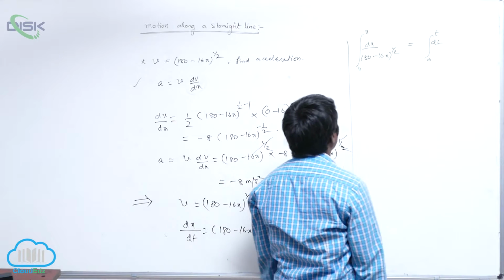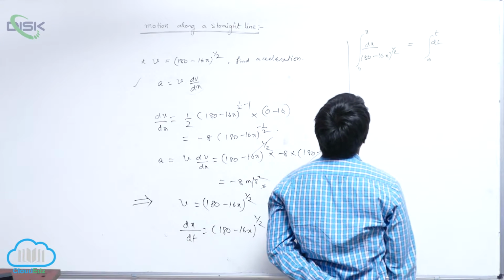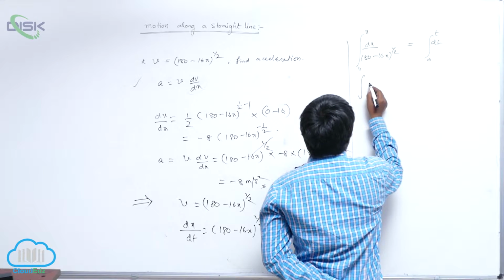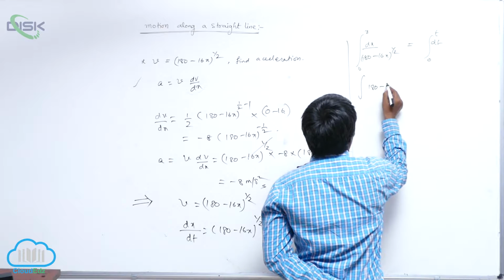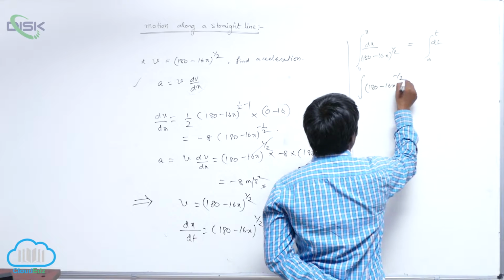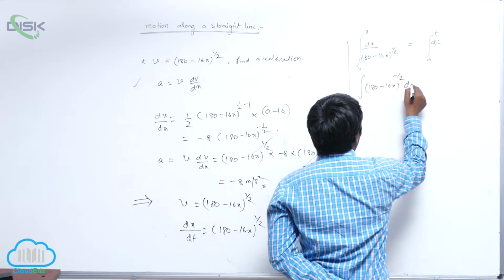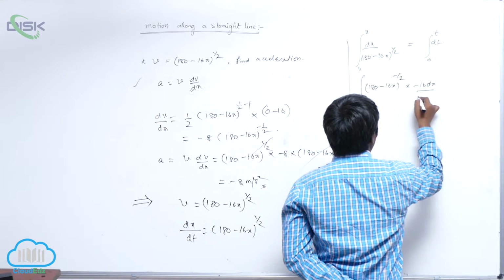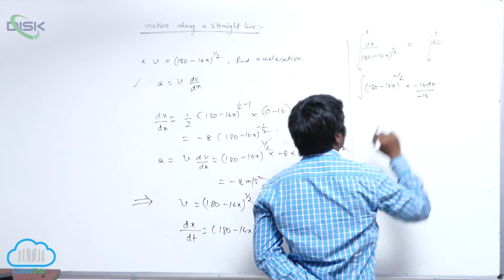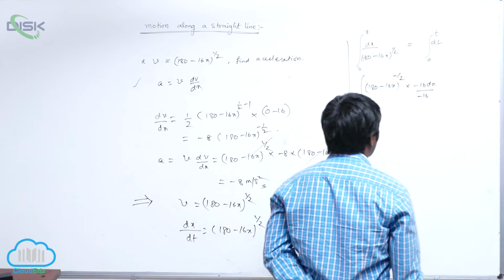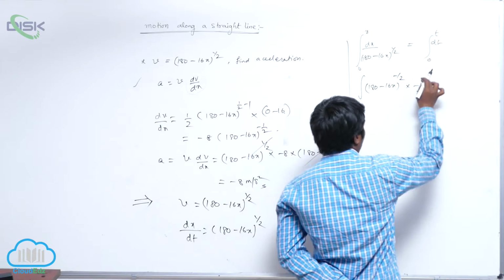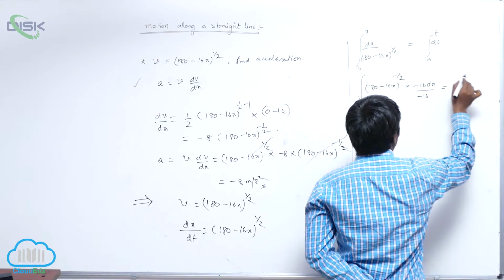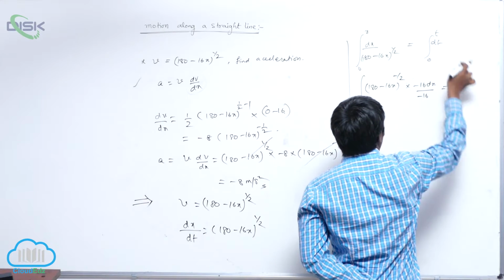Now integration of (180 minus 16x) whole power minus 1 by 2 into dx. So what I am doing is minus 16 dx by minus 16. I am multiplying and dividing with minus 16. That is equal to integration of dt, which is t, with limits t minus 0, is t.